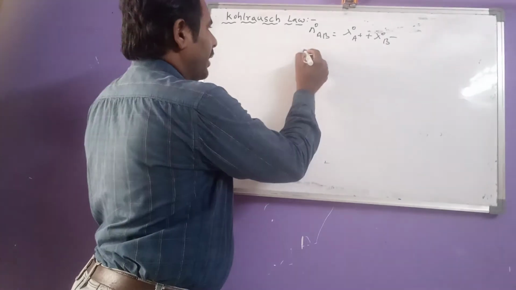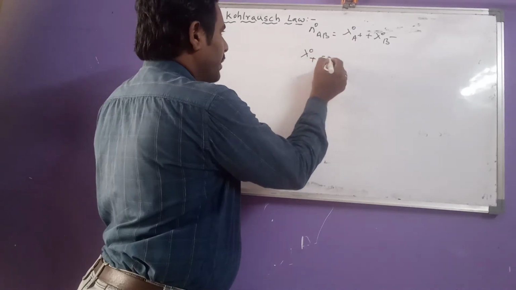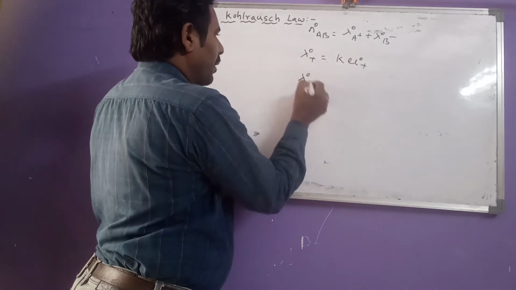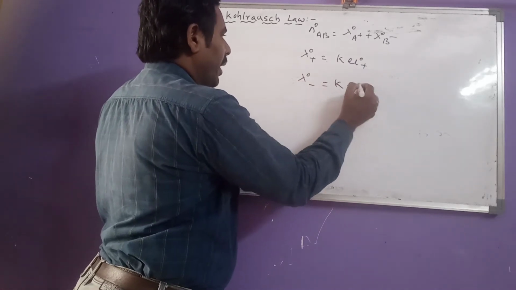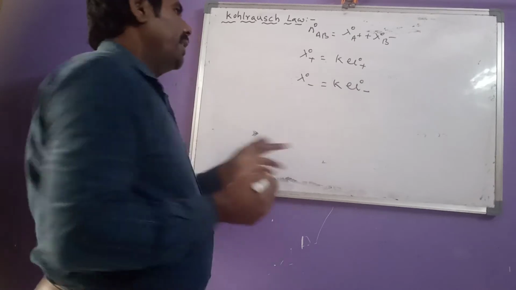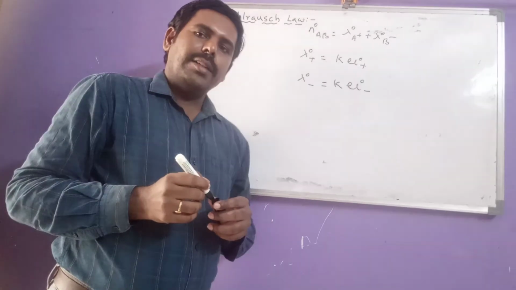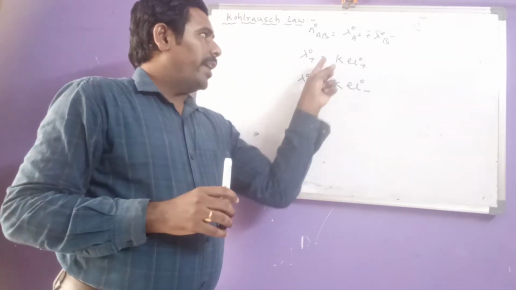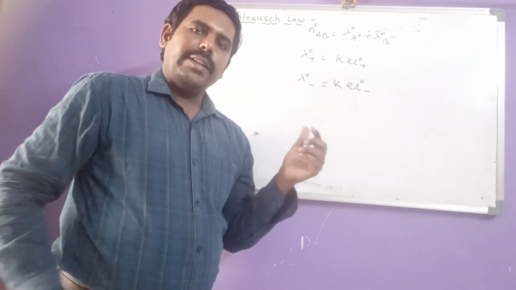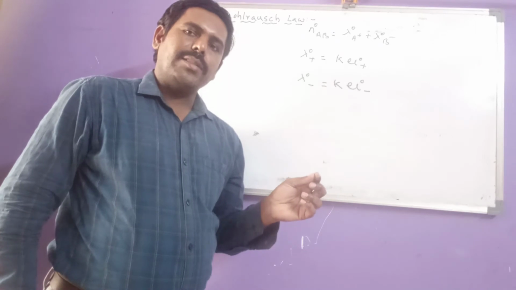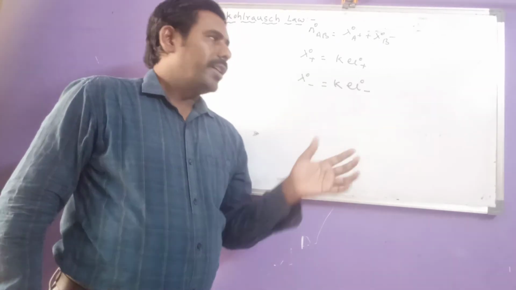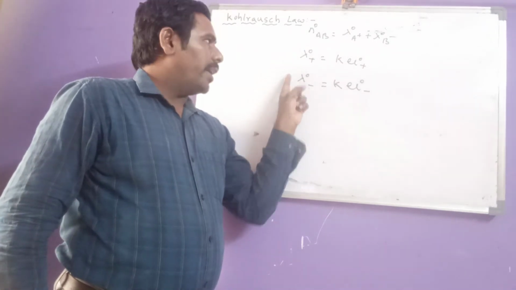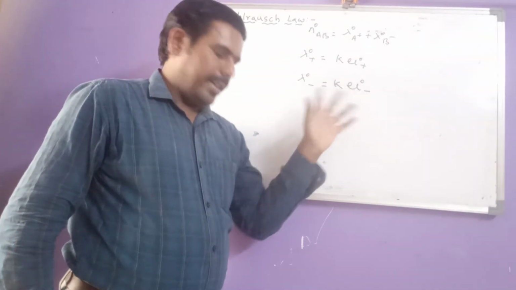So we can write here λ naught plus equals k into μ naught plus, λ naught minus equals k into μ naught minus. Here μ naught plus and μ naught minus are ionic mobilities, where k is a constant, its value 96,500. So this is the relation between ionic conductivities and ionic mobilities.